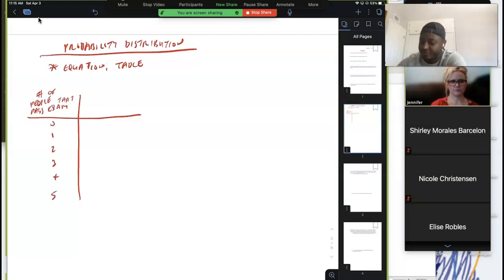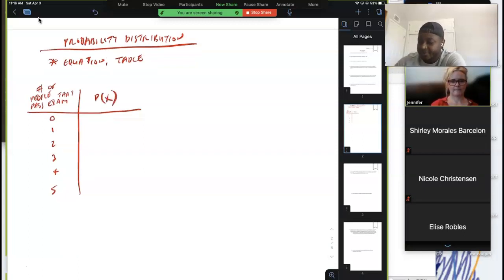We'll just say this is like the world's hardest exam and hardly anybody could pass. And then we have the probability over here. So let's say the probability that nobody passes. I'm just going to fill these in. So let's say this is 0.2, 0.1, 0.2, 0.25, 0.13, 0.12.